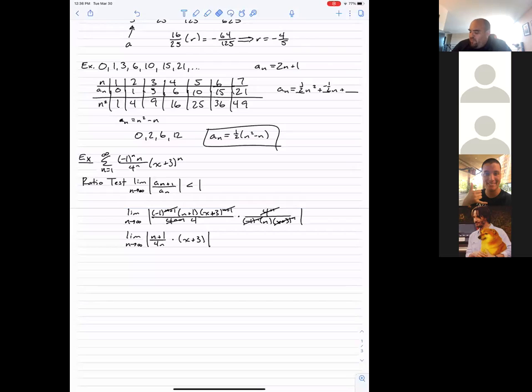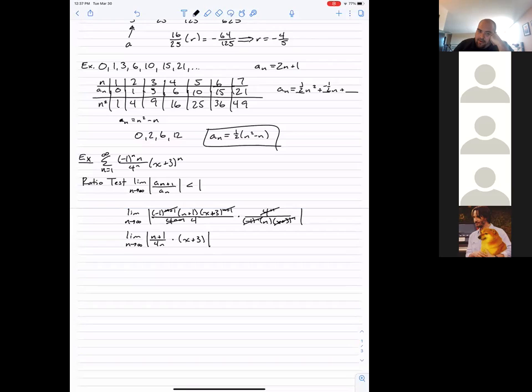All right, now what do I do from here? You can solve for x to see what values of x would let it be less than 1. That might be jumping the gun a little bit. You can do the limit test first, with n plus 1 over 4n.